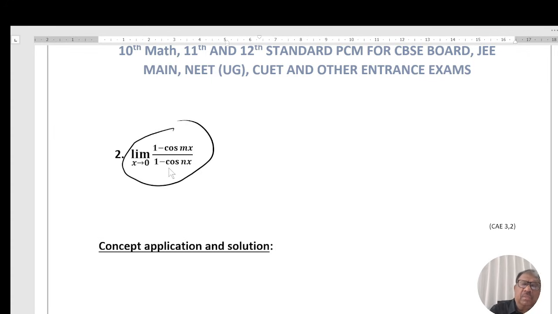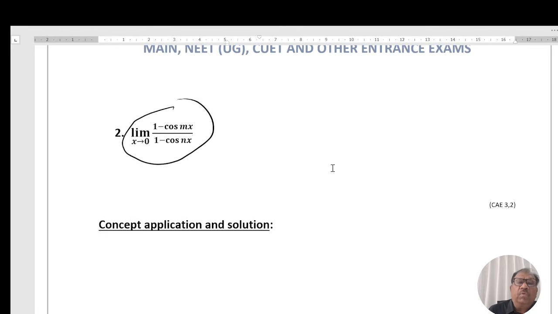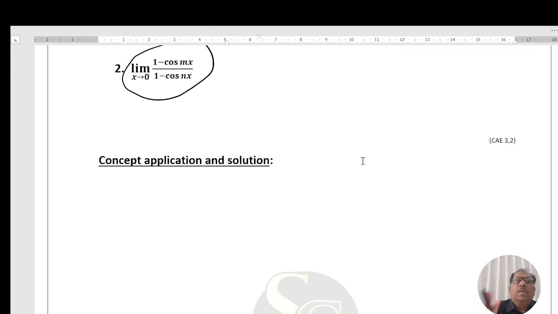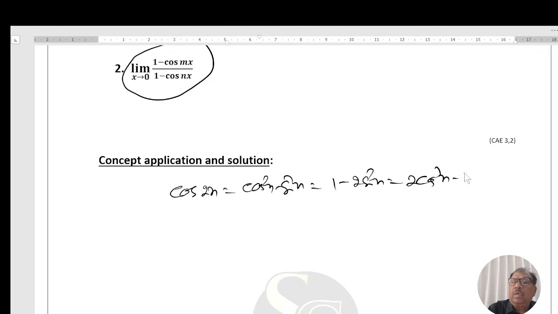The question is, evaluate the limit x tends to 0, 1 minus cos mx upon 1 minus cos nx. Its answer is known, but we have to clear the basic concepts. So we know cos का half angle form क्या होता है, cos 2x equal to cos square x minus sin square x, 1 minus 2 sin square x, 2 cos square x minus 1 and equal to 1 minus tan square x upon 1 plus tan square x.